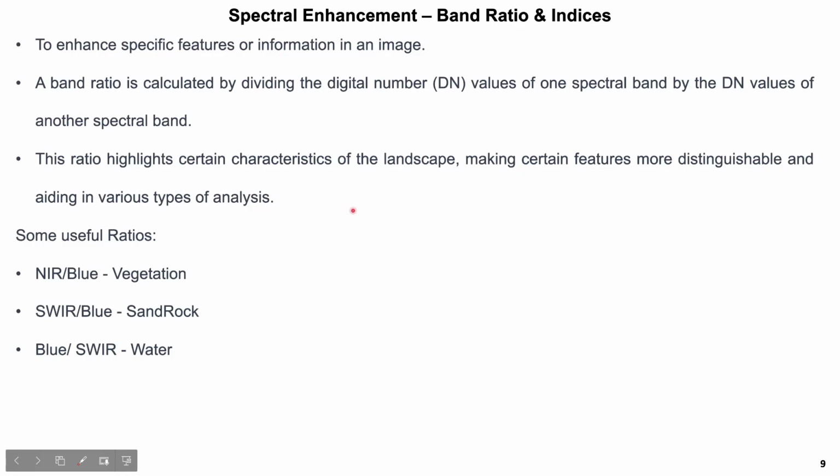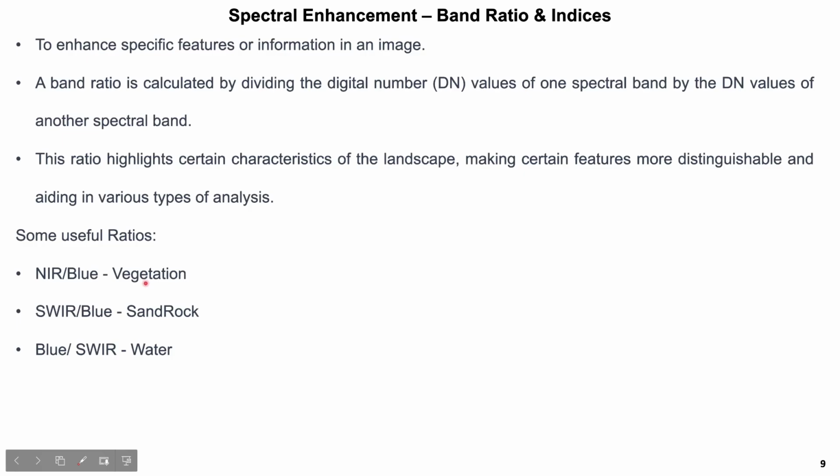So if I divide this, because the NIR values are very low, water will be highlighted in your output. Similarly, we can make use of the spectral signature and divide an absorption band by a higher reflectance band, and that particular feature will be highlighted in your output.